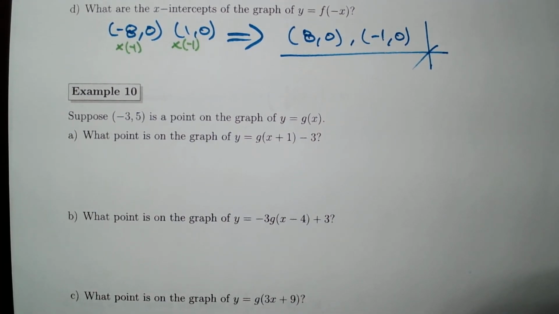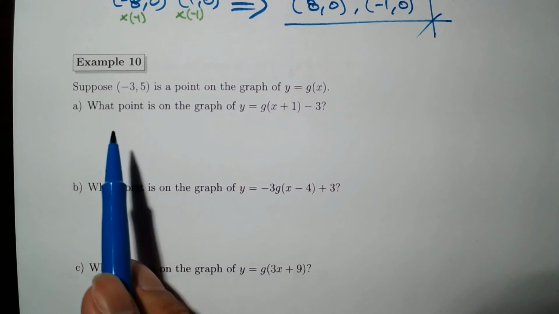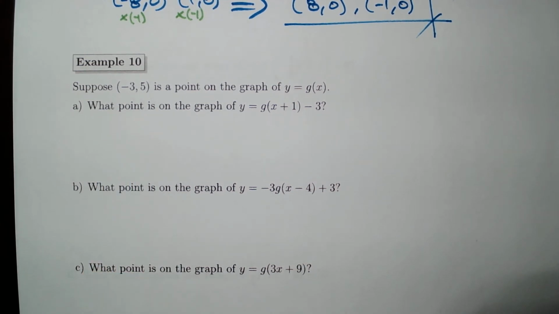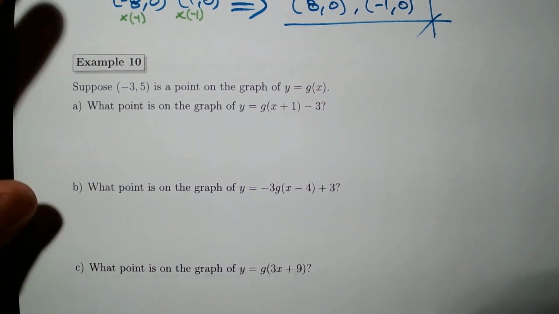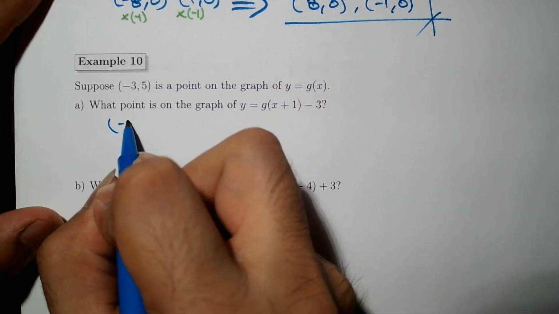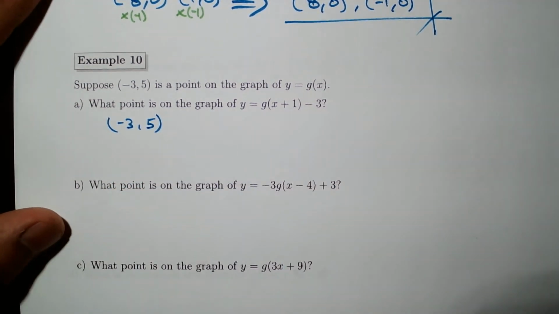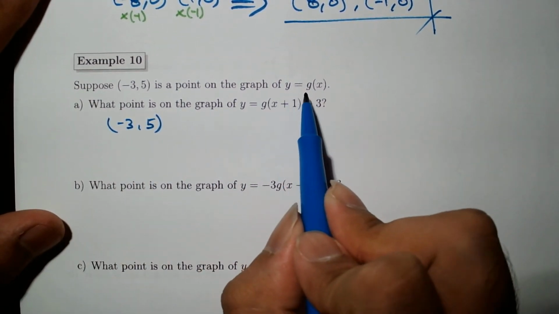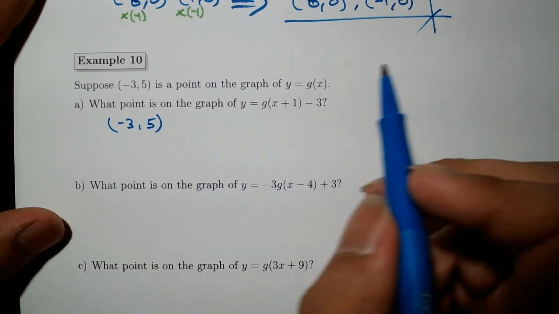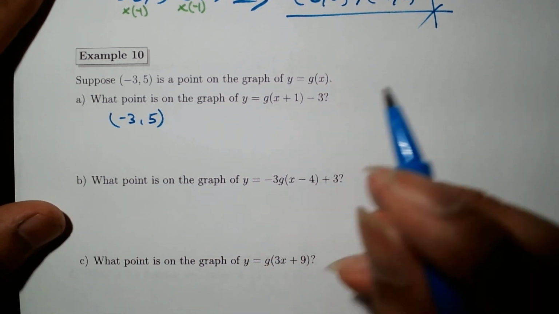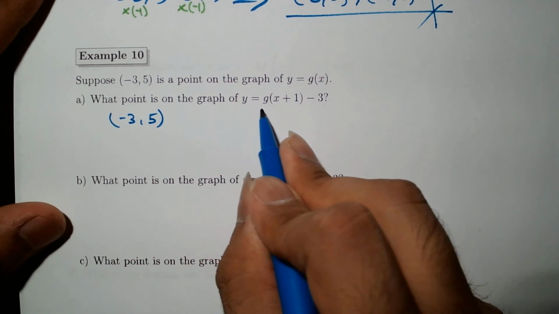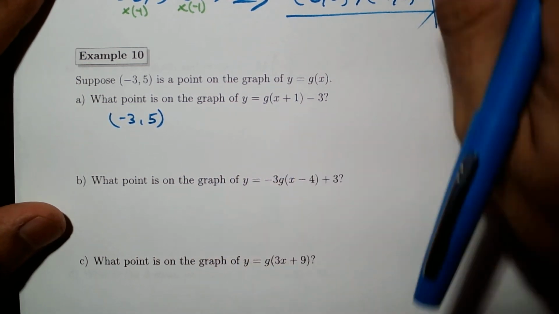All right, suppose (-3, 5) is some point. I think we already did a little bit of this. However, we are going to do more combinations that we haven't done before. So let's warm up with (-3, 5) being a point on the graph of y equals g of x. What is the point on the graph of g of x plus 1 minus 3?